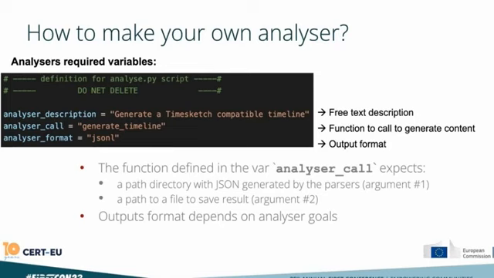So this, for instance, is the description from TimeSketch. It will call the function generate timeline when you run this analyzer, and it produces a JSON-L, which is the format that is expected by TimeSketch if you want to ingest a timeline.